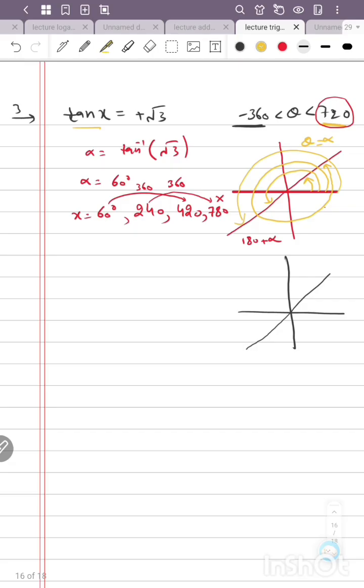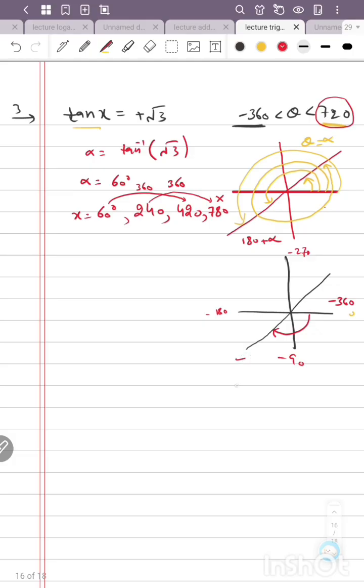But here, for negative 360, we have to start at 0, minus 90, minus 180, minus 270, and minus 360. We start from here and go to here. So our first answer is for the second quadrant.